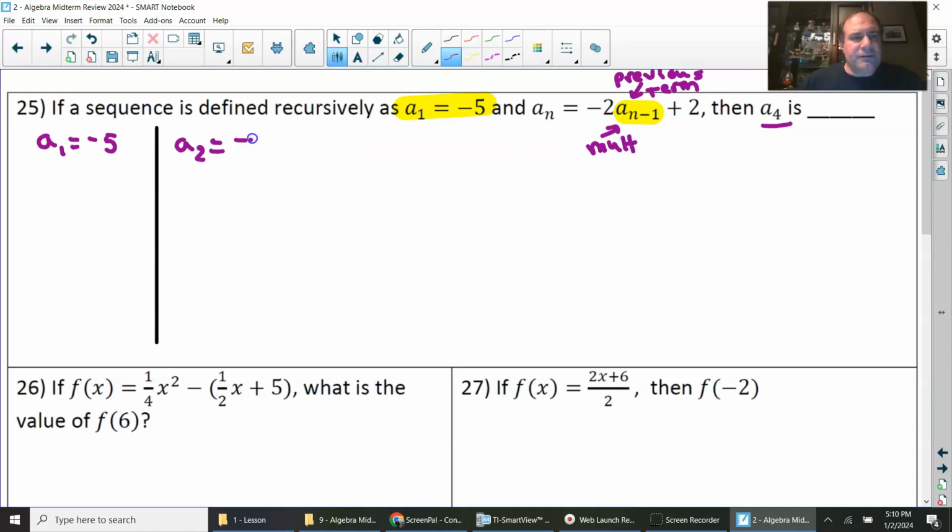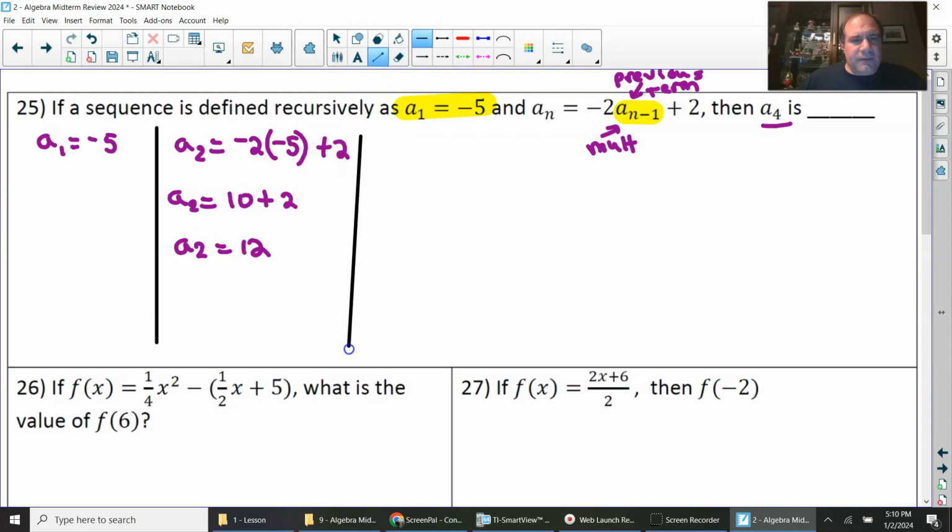So negative 2 times the previous term, a sub n minus 1. The previous term is negative 5 plus 2. So a sub 2 equals negative 2 times negative 5 is 10 plus 2. Positive 10 plus 2. Bring it down. A sub 2 is now 12.